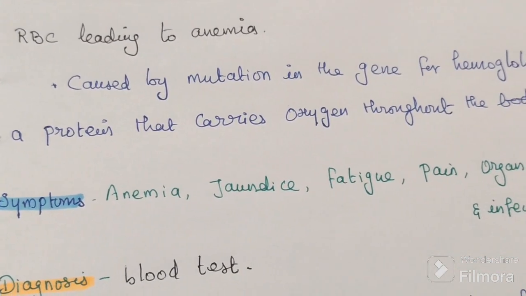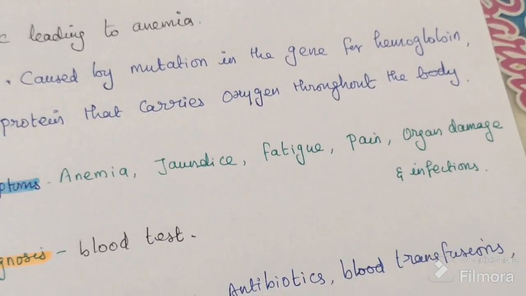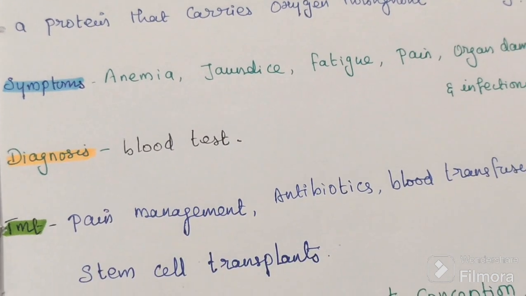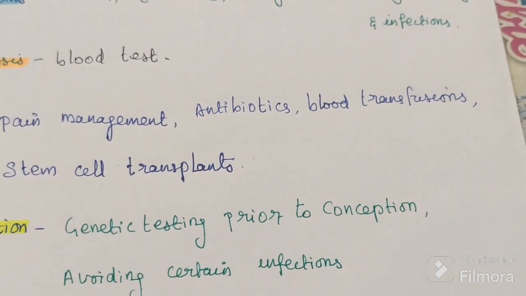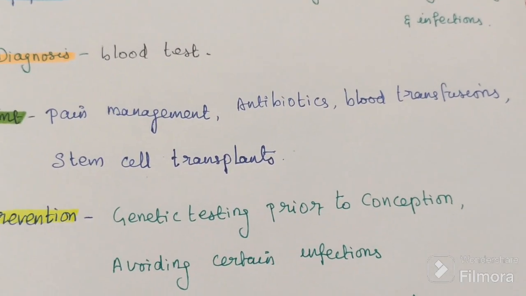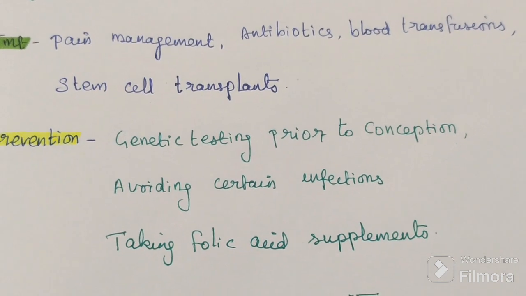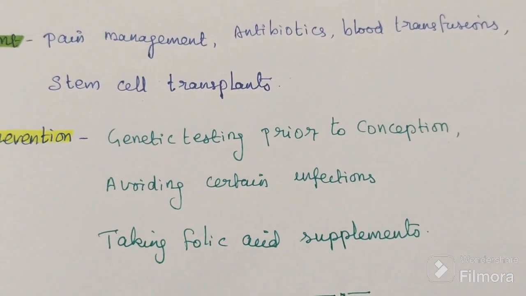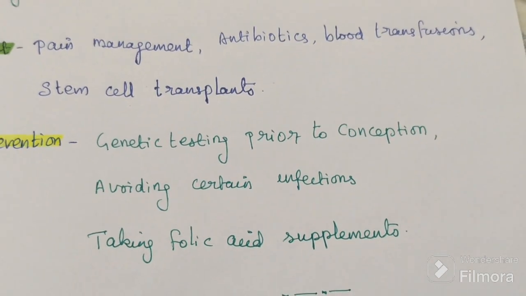Symptoms: anemia, jaundice, fatigue, pain, organ damage and infection. Diagnosis: blood test. Treatment: pain management, antibiotics, blood transfusion, stem cell therapy. Preventive methods: genetic testing, avoiding infection, and taking folic acid supplements.